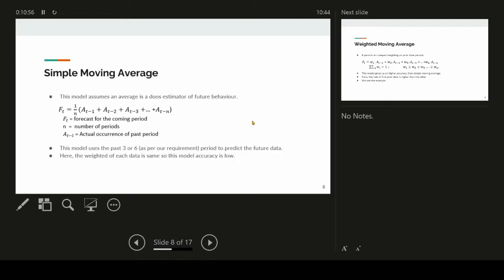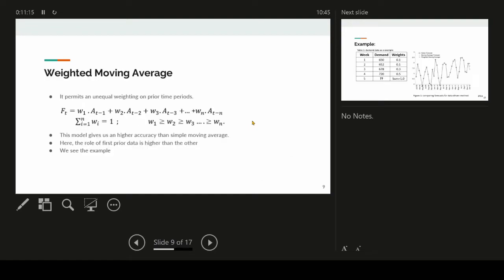So if I choose three data points, each has a weightage of 0.33, and it can forecast the next value. That is not very accurate, but it can forecast nearer and closer to the actual value. Okay.